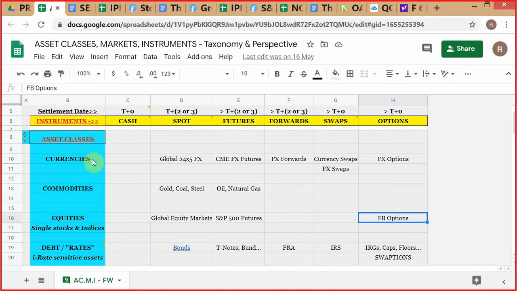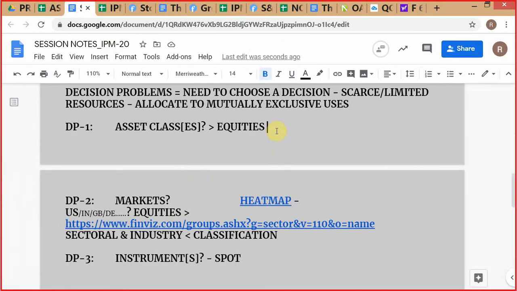Let's say they are a team, they may decide that we don't know much about commodities, we don't know much about currencies, but we understand equity markets very well. So that's one of the reasons they might have chosen equities. So this is decided by questions of competence.